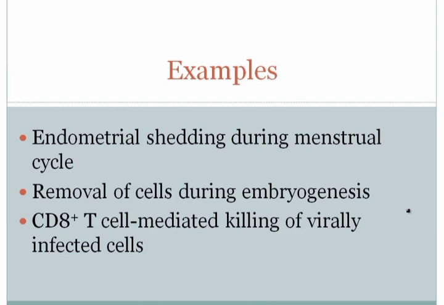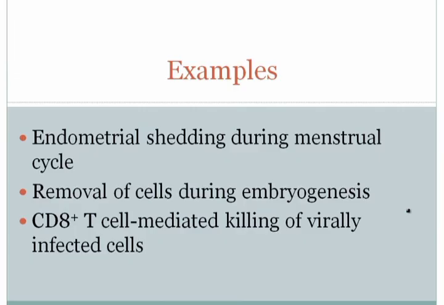And a third classic example of apoptosis would be the killing of virally infected cells by CD8 positive T cells. Recall that when a virus infects a cell, the proteins of that virus are produced by the genetic machinery of the cell, and therefore, because these are endogenous proteins, they'll be expressed on MHC class I. MHC class I is present on all nucleated cells and platelets, and it expresses endogenous protein.